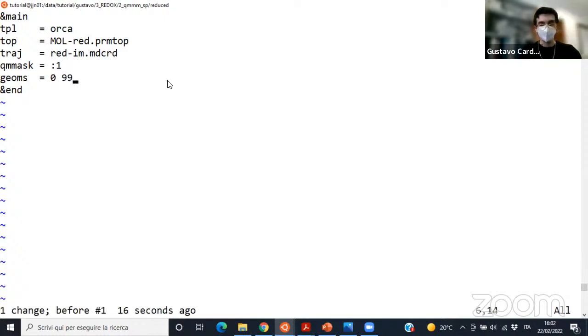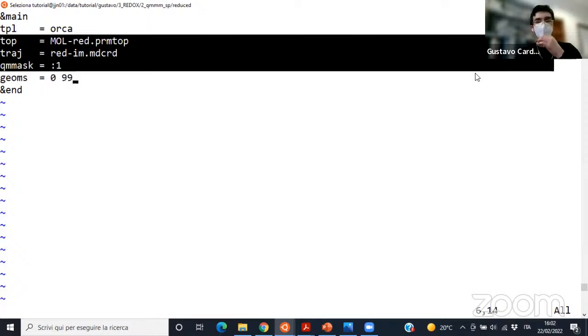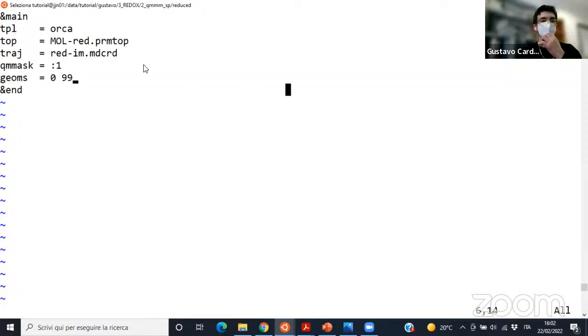Okay. This is the main input. So these things are general, so you can use this input for whatever software you want to use afterwards. The only thing you have to change is this thing here.